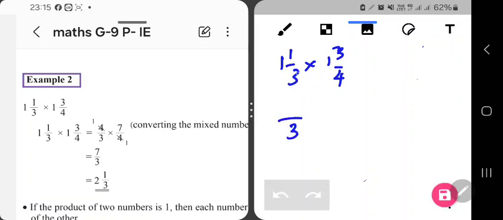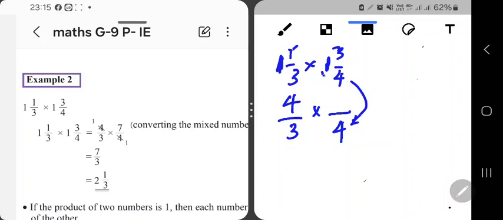You have to bring the same denominator, and then you have to multiply 3 by this number 1 and then add 1, so 3 times 1 is 3, and add this one, which makes it 4. You have to write the same 4 here. To find the numerator, you have to multiply this 1 here by 4. 4 times 1 is 4, and add this 3, which will make it 7.